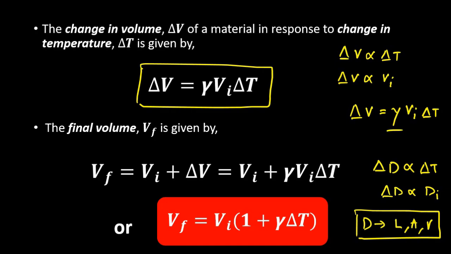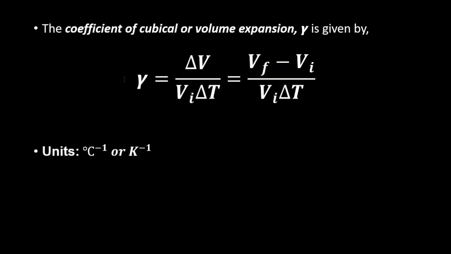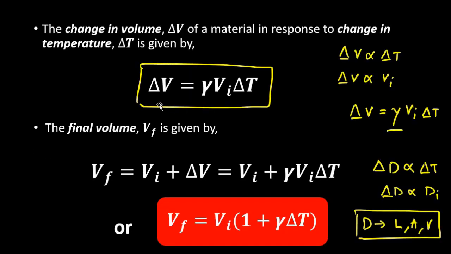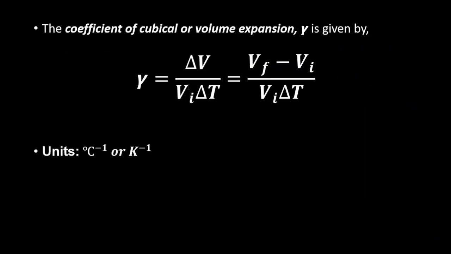For length it is the linear expansion coefficient, for surface area it is the surface expansion coefficient, for volume it is the volume expansion coefficient. And similarly we can calculate the volume expansion or cubical expansion coefficient as follows. From this equation, if we take Vi delta T to the denominator on the LHS, we get gamma is equal to delta V by Vi delta T, where delta V is equal to Vf minus Vi.